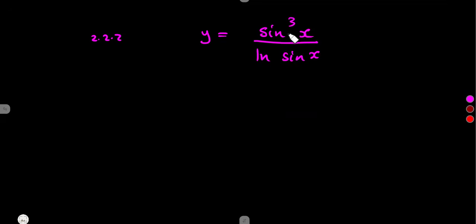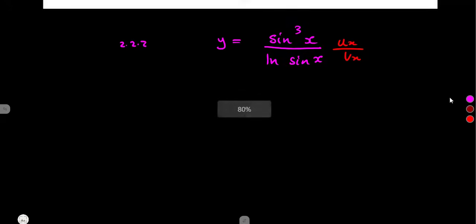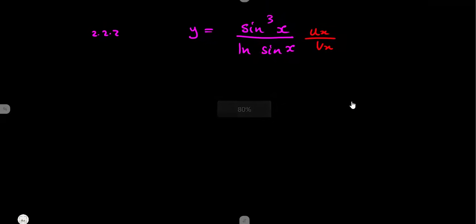There is a function divided by another one, u(x) over v(x), remember. I talked about this from our introduction, where I said you are supposed to remember those rules.